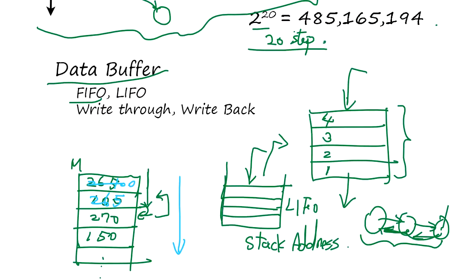So it's like a bucket that you store by layer. Okay, FIFO is first in, first out. This is the first in. The old one goes out first.